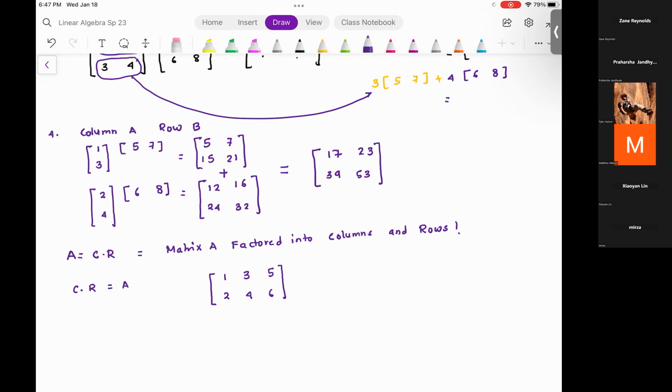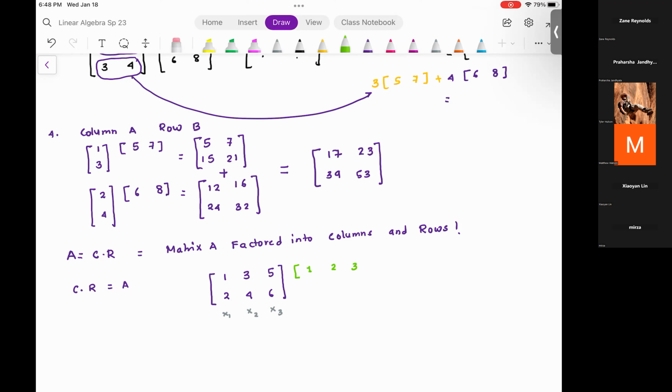So these are my columns. This is my first column vector, which is x1. This is my second column vector, x2. This is my third column vector, x3. And my rows, maybe 1, 2, 3.